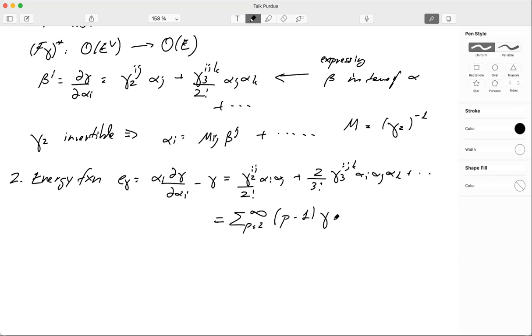So in this graded commutative example at least, it's easy to calculate the energy function. Each p-form just gets scaled by a factor of p minus 1.